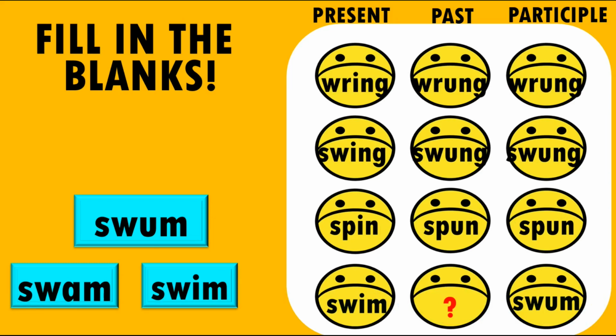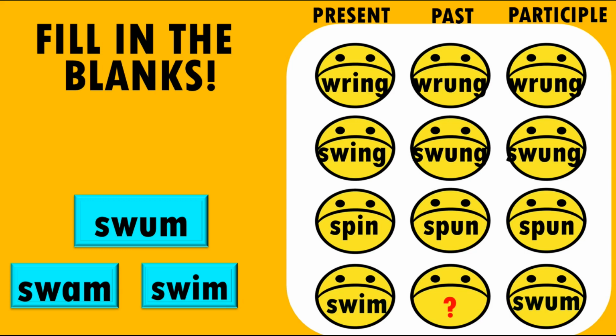So here we have ring, swing, and spin. Now for the past and the past participle, the verbs remain the same. So spin changes once to spun, swing to swung, and ring to rung.